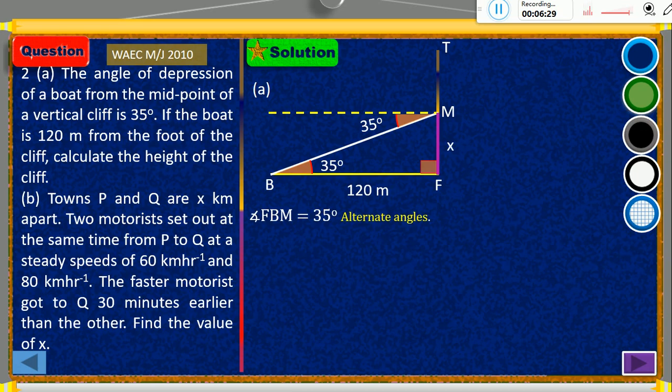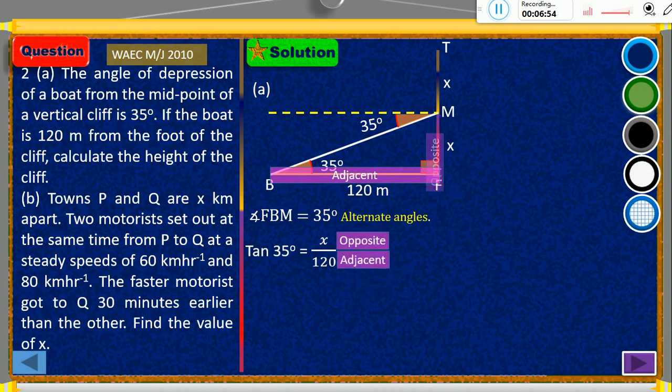FM is equal to X, and it's also equal to MT, also X. FM is the opposite to the angle given, 35 degrees. BF is the adjacent. So tan 35 is opposite over adjacent, X over 120.